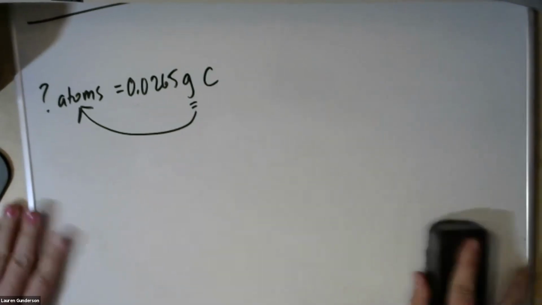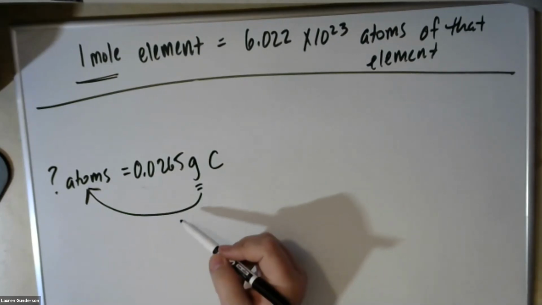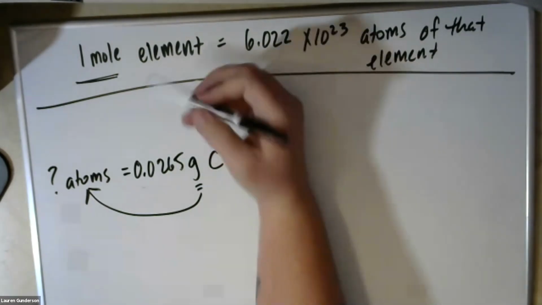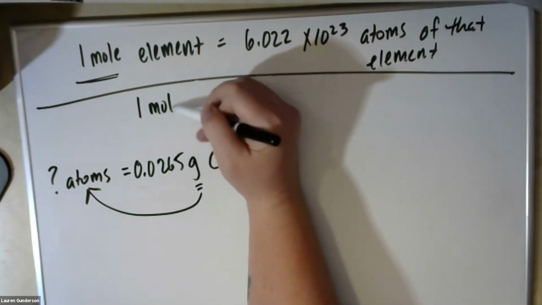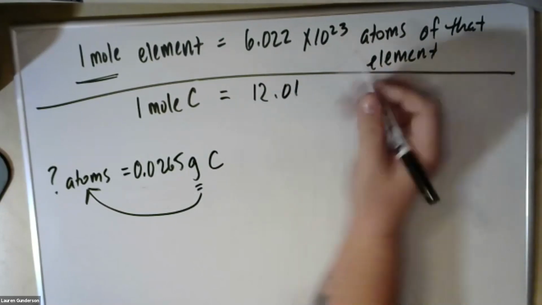So what I like to do for questions like this is rewrite my molar mass as another unit equation underneath Avogadro's number. So for every 1 mole of carbon, I know that there are 12.01 grams of carbon.